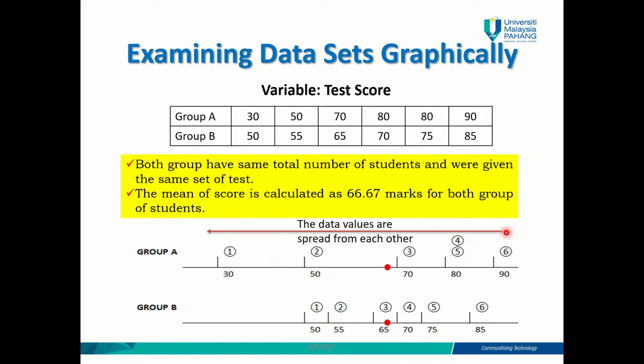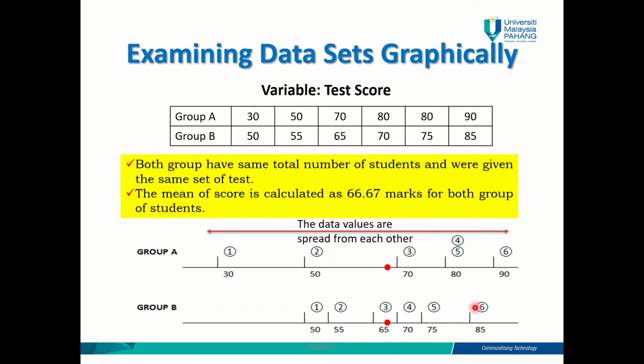They are spread from each other and they are also far from the mean value. Even though this is the average value, you can see there are data values who are far from the average value. So the data in group A is widely spread.